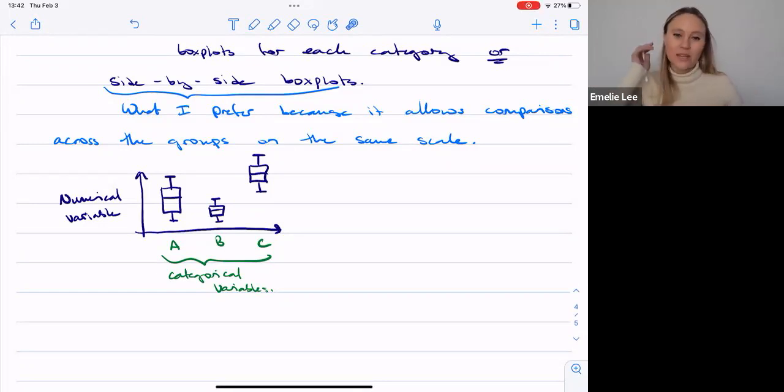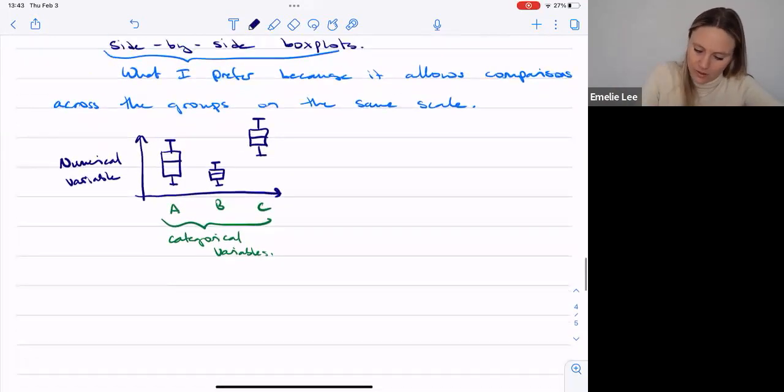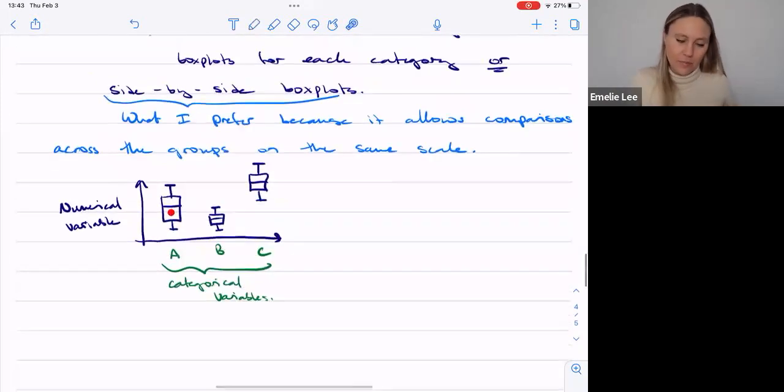Okay, we can do things like violin plots. Violin plots are a little bit more specific.